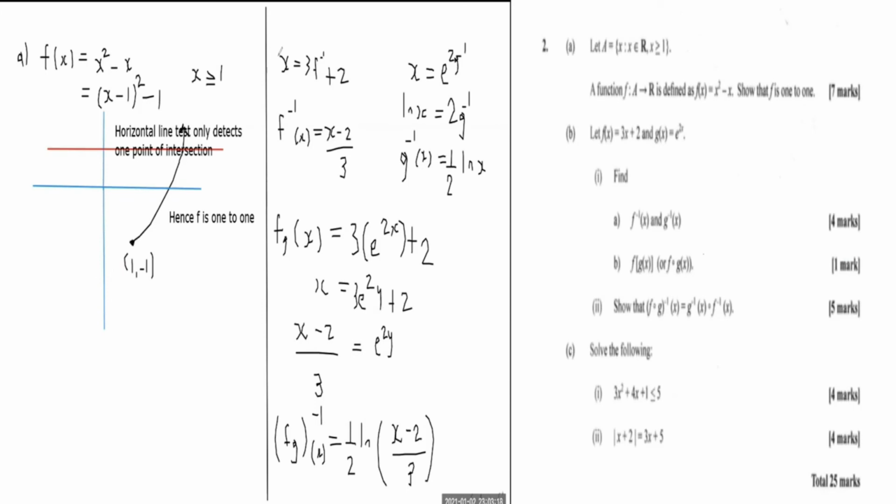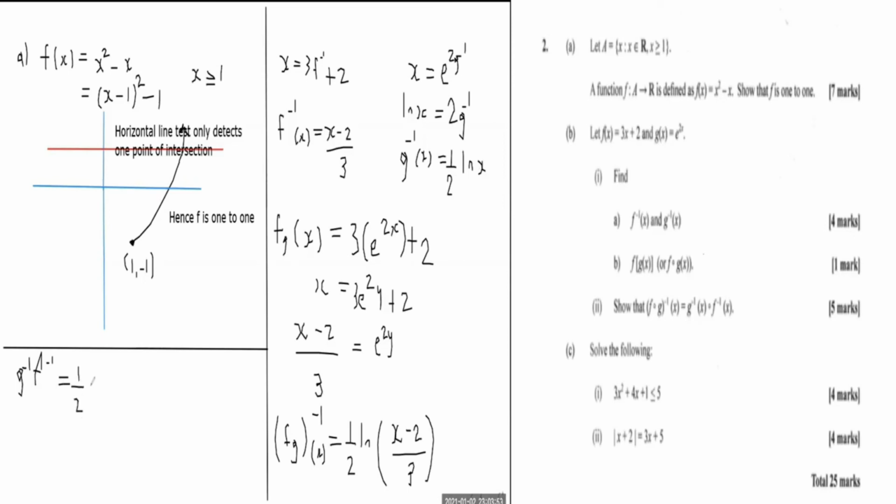Now, of course, we need to find what is g inverse f inverse. So we need to put f inverse into g inverse. So g inverse f inverse is going to be equal to putting f inverse into g inverse. So put x minus 2 over 3 into g inverse, and we're going to get a half.